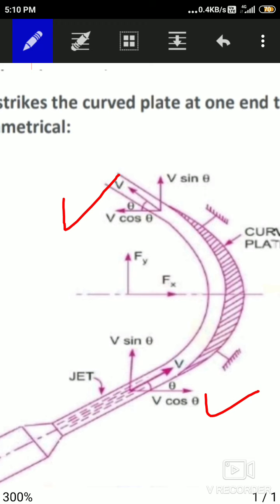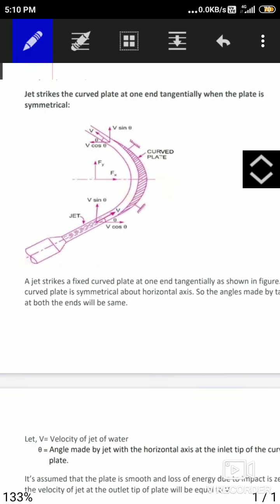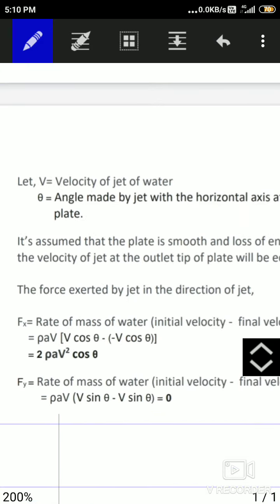At the inlet the horizontal component is v cos theta, at the outlet also the horizontal component is v cos theta. We only need the horizontal component of velocities at inlet and outlet. So you remember this.